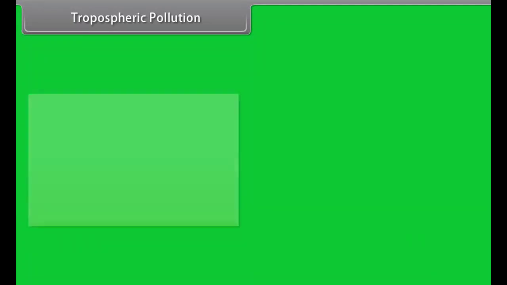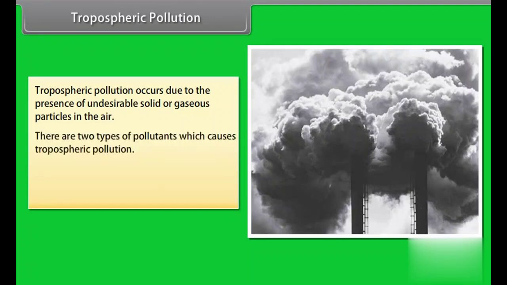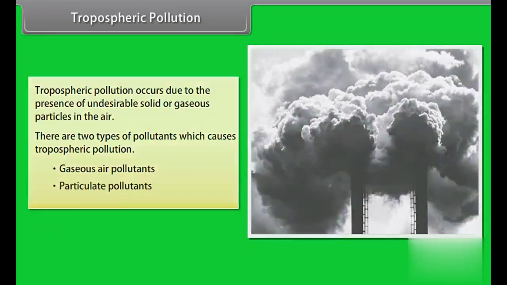Tropospheric pollution. Tropospheric pollution occurs due to the presence of undesirable solid or gaseous particles in the air. There are two types of pollutants which cause tropospheric pollution: gaseous air pollutants and particulate pollutants.